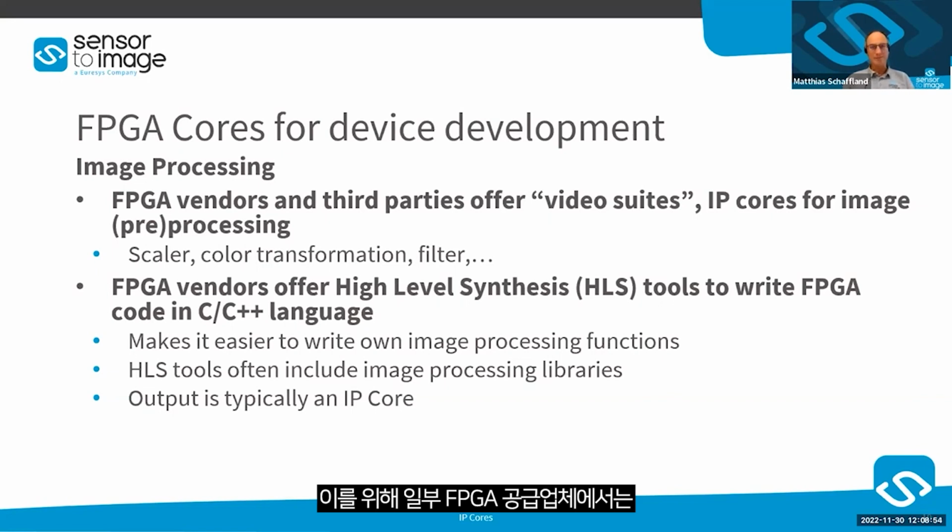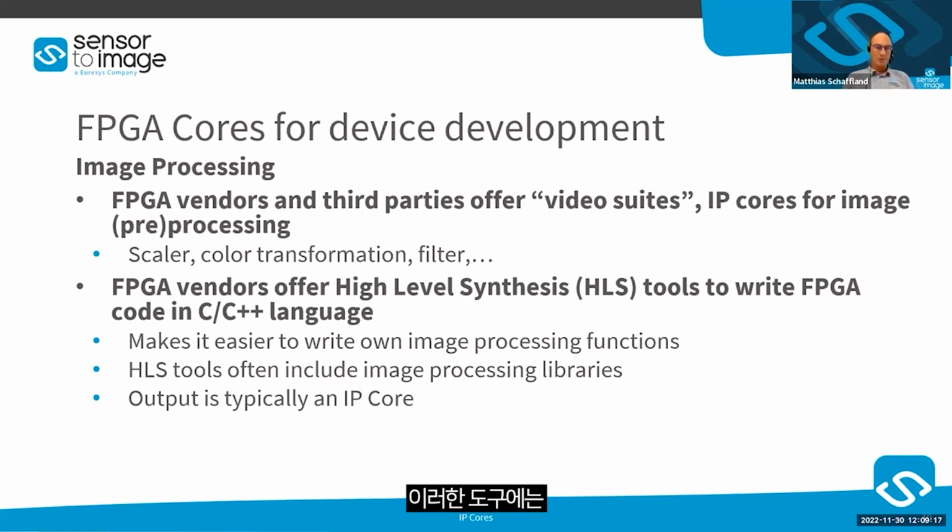For that, some FPGA vendors offer high-level synthesis tools that enable you to write FPGA code in C or C++. This makes it easier for you to write your own image processing functions, especially if you come more from software engineering.